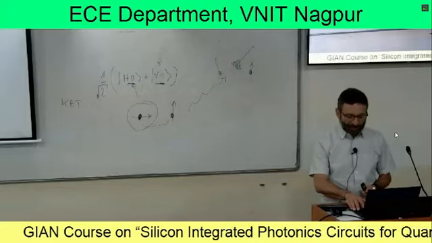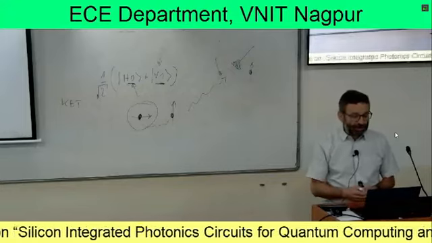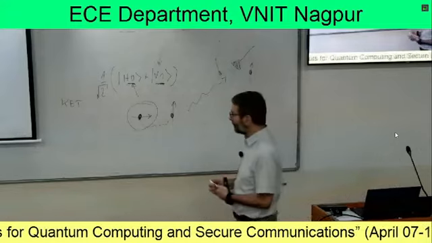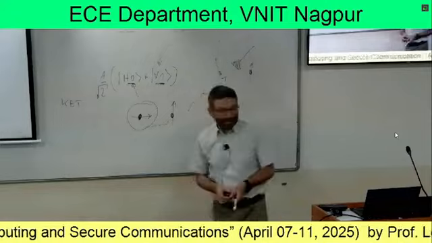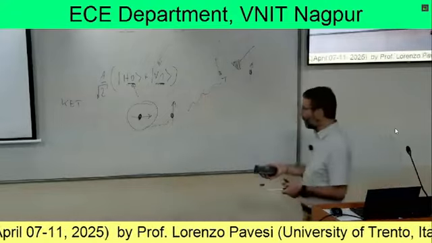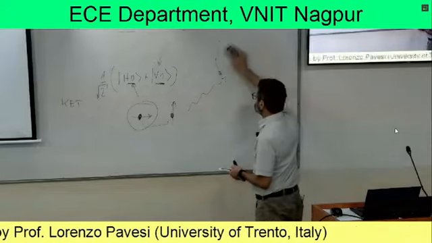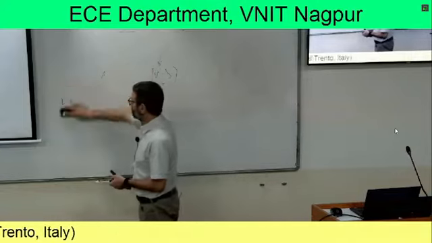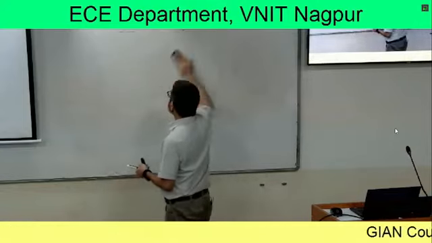Now we have another property that can be exploited in order to entangle photon states, and this property is the contextuality of quantum mechanics. What does contextuality mean?